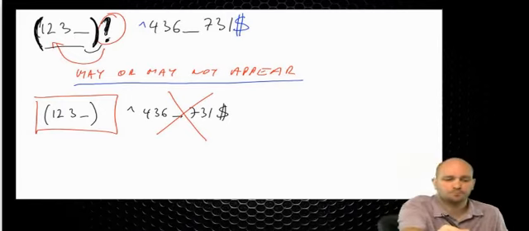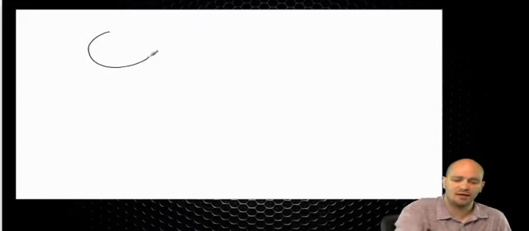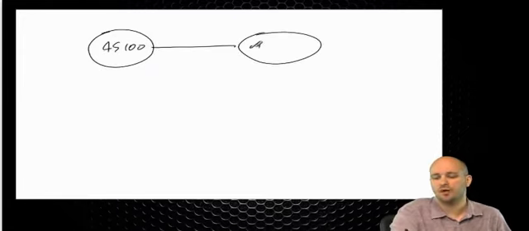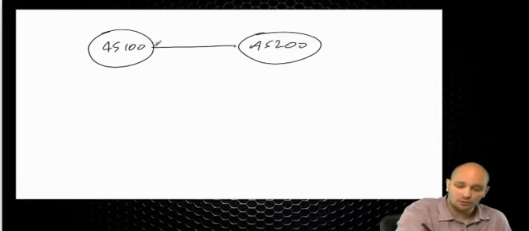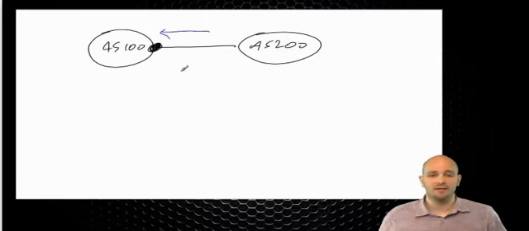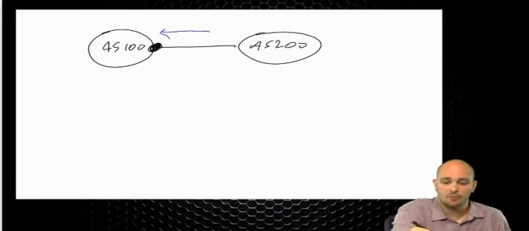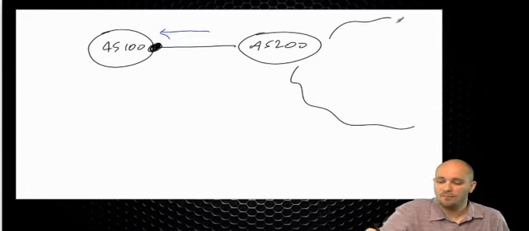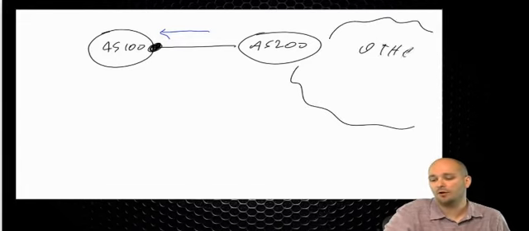Here is one thing. Let's say that you have two autonomous systems. Let's say that you have AS100 that is connected to AS200. Now, you need to filter traffic, or not traffic, you need to filter the routes coming in this direction here. Now, mind you, behind AS200, I might have any number of other autonomous systems.